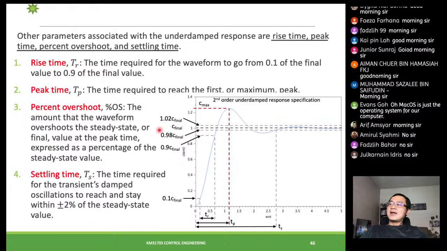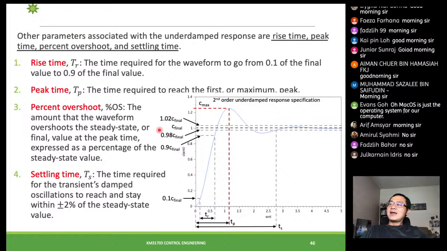Then the fourth one will be the settling time. Remember, we have defined the settling value as 2% from the final value, and this is where it becomes important. We draw a 2% range, 0.98 and 1.02, and you will see that the response starts to oscillate.